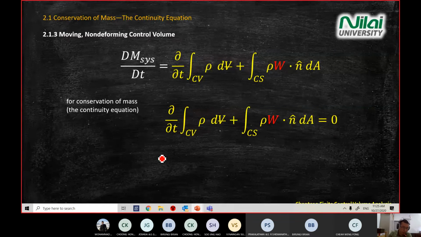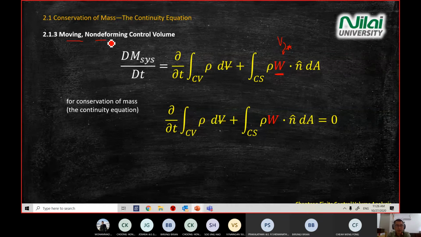So for question number 10, when you want to define a system, you start with the Reynolds transport theorem, which is you write out the equation. Again, be careful on the velocity component here. We no longer look at the V, we look at W now. We focus on relative velocity now for a moving control volume.